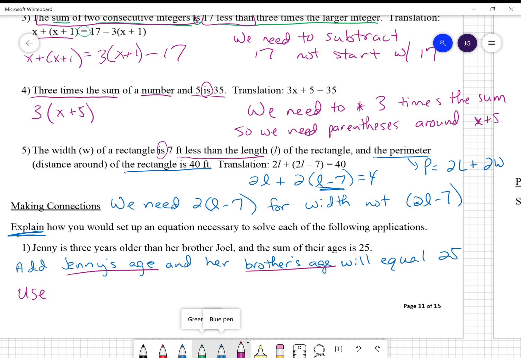Use Jenny is 3 years older than Joel. Use X for Joel's age because Jenny's being compared to Joel. And X plus 3 for Jenny's age.